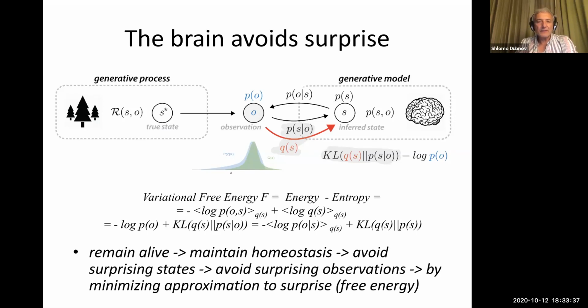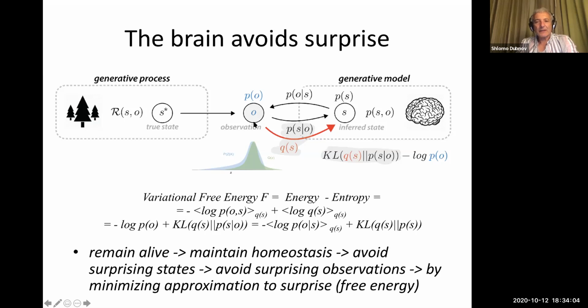surprise avoidance. So the underlying model is that there is a world that generates observations, and there are some underlying causes for these observations, which are these states. These are the true states that the brain tries basically to learn, but they're masked in some sense, or not visible to us.